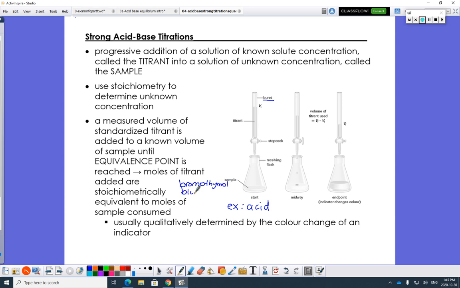So again, in your grade 10 class, you would have used that for sure. So when you had an acid, the acid would be yellow.